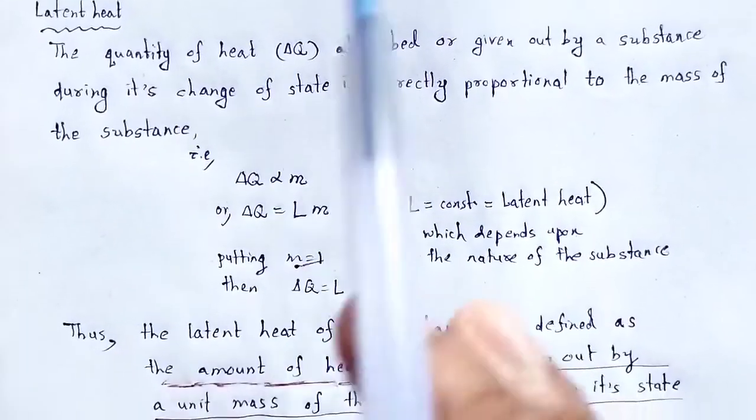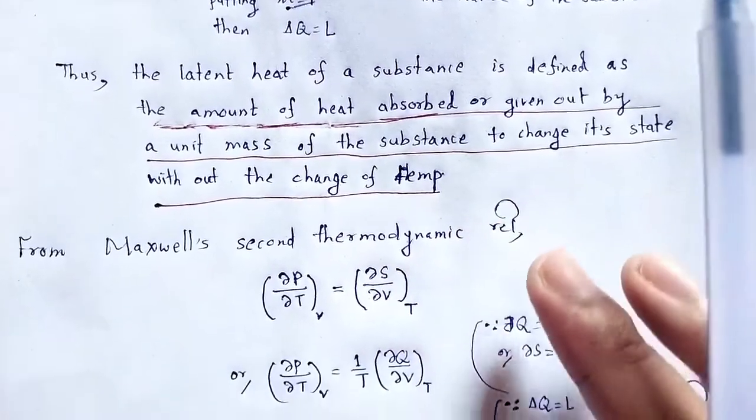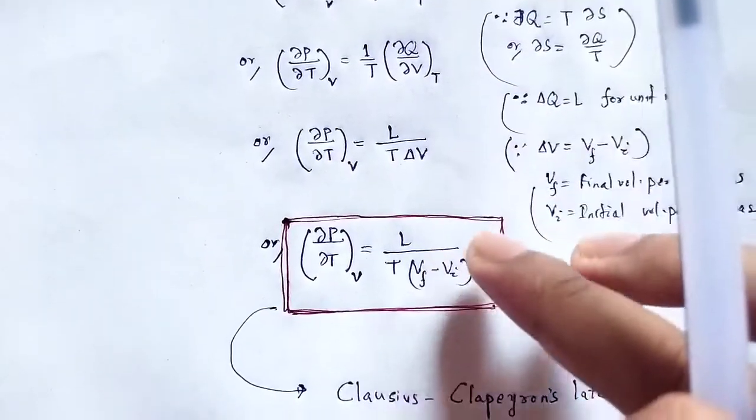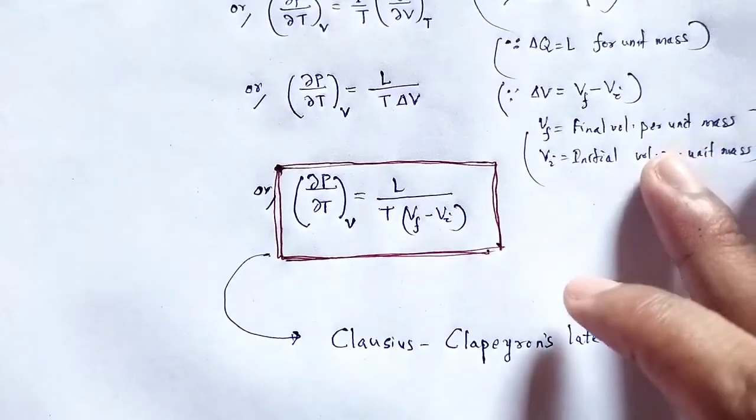This is the definition of latent heat. Then we use the thermodynamic relation here to derive an equation. That equation is known as the Clausius-Clapeyron latent heat equation.